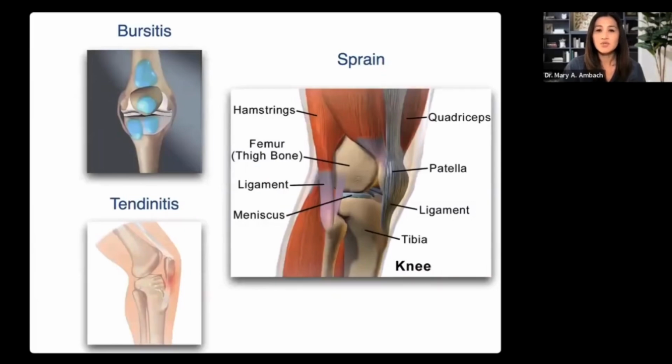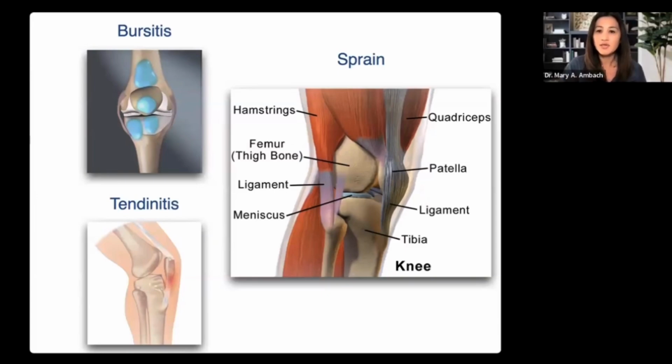Other things around your joint that can contribute to pain would be tendinitis, which is inflammation of the tendons, the structures that connect your muscle to your bone. There's also bursitis. Bursitis is the inflammation of the bursa, which is the sac that cushions your bone from the soft tissue around it.